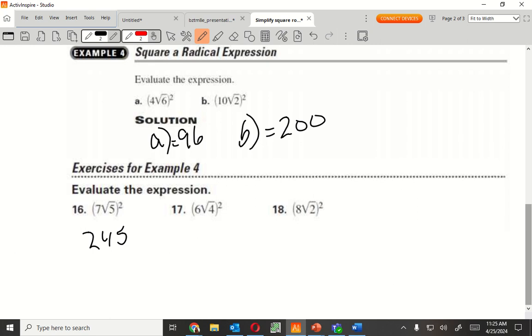This next one is going to be 36 times 4. I don't know that one. 36 times 4 is what? 144. And this was going to be 64 times 2, which is 128.